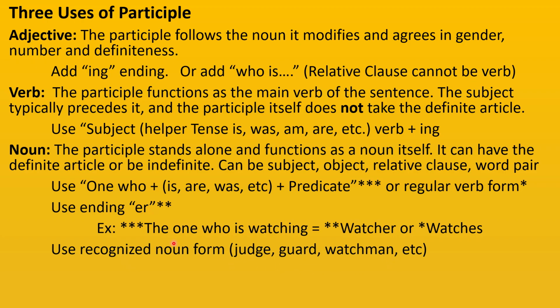So instead of saying the one who is watching, you could simply say the watchman. All right. But remember, the one who is watching, this is not, "who is watching" is not the verb of the sentence. It is an adjectival phrase or a relative clause that modifies who the one is, gives you information about who the subject is. All right, so that's the main thing to look for.